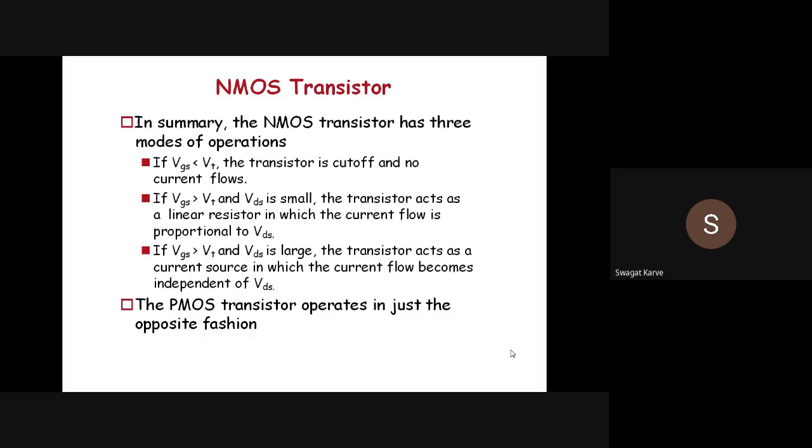That pinch off will take place, and IDS will not increase further, rather it will remain constant though you increase the voltage. This condition is the saturation condition. In that condition, the MOS transistor enters the saturation region, and that is the third region.